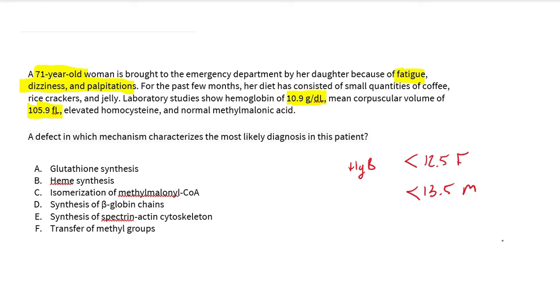The two most common causes of macrocytic anemia are folate and B12 deficiency. Folate is also known as B9.